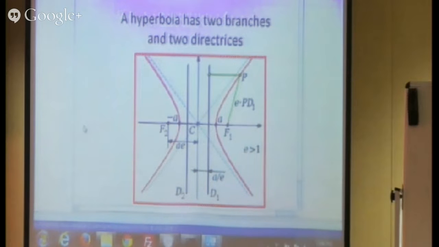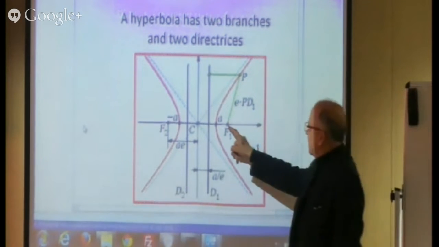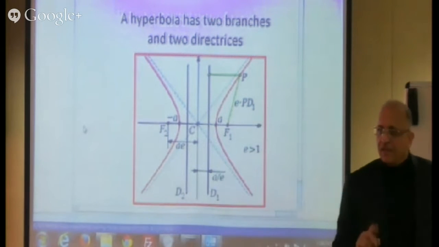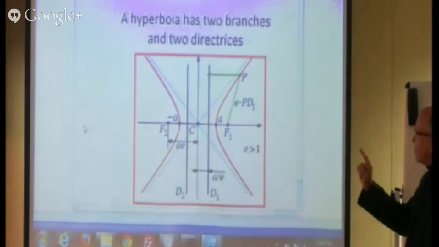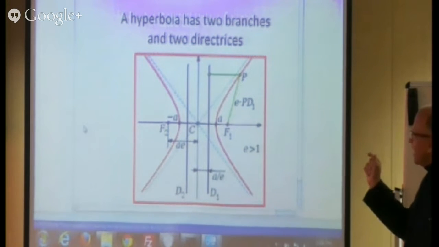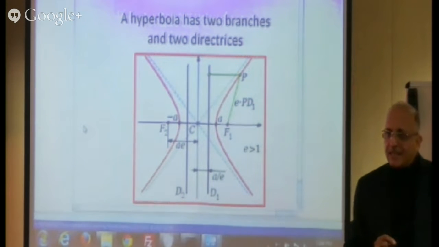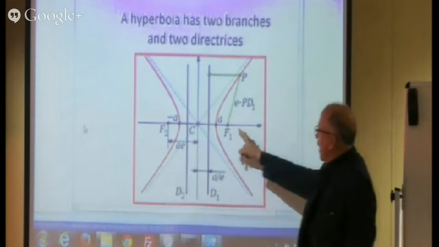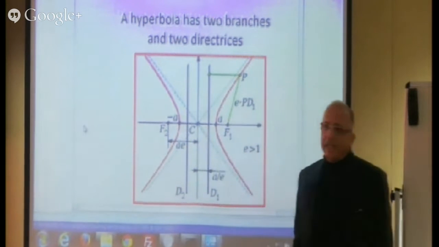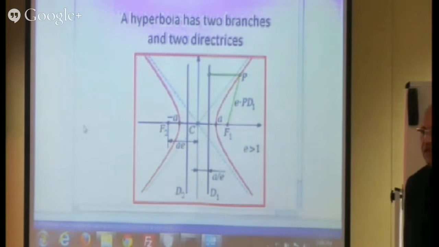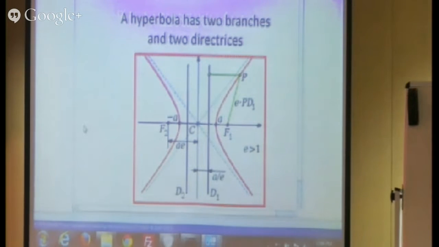You can see if we draw a line which connects this focus with this focus, it has got two foci, focus F1 and focus F2. If they are connected and a line is drawn, and if we take this particular line as x-axis and the midpoint of F1, F2, which is denoted here by C, that is taken as the center or the origin, and we draw a perpendicular line through it, we get the y-axis.